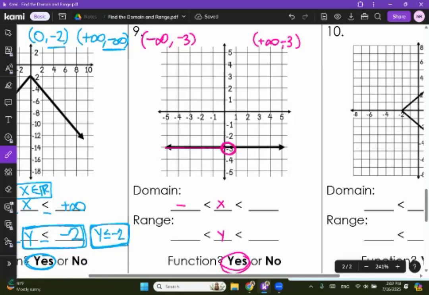So for the domain, we're going from -infinity to +infinity, meaning x is all real numbers. Okay. For the y, there's only one option, -3 to -3. So when you have the same number on both sides, it's just equal. Equal to -3.